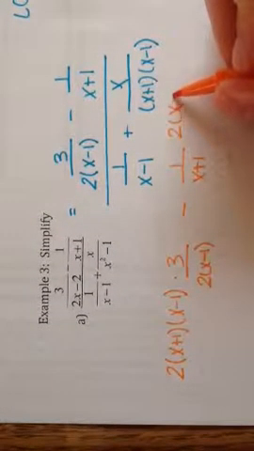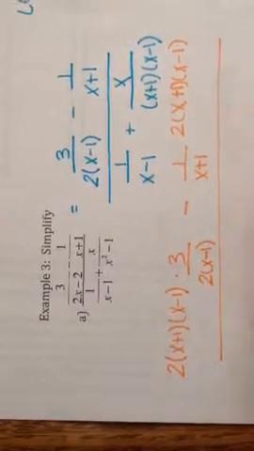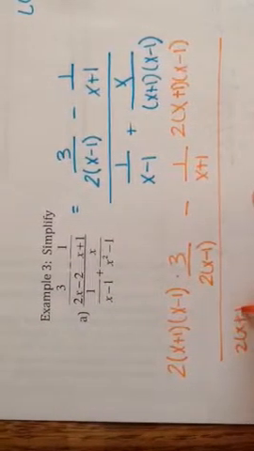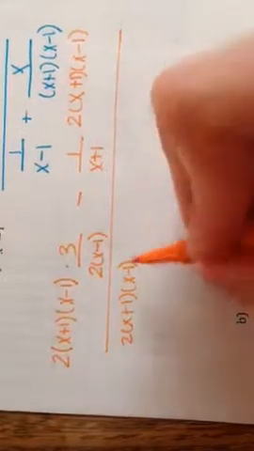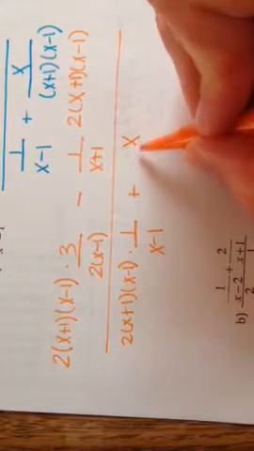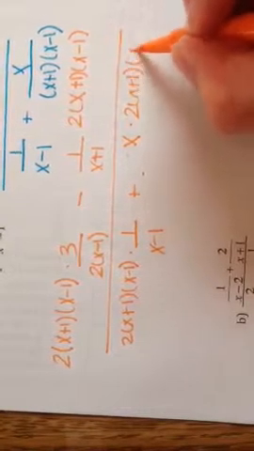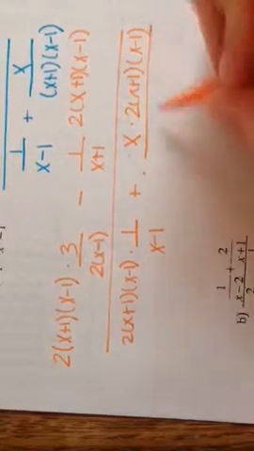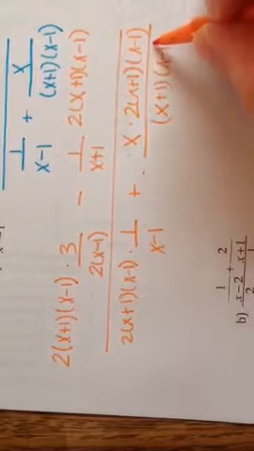So 2 times x plus 1, x minus 1, all over 2 times x plus 1, x minus 1, times 1 over x minus 1, plus x times 2 times x plus 1, x minus 1, all over x plus 1, x minus 1.